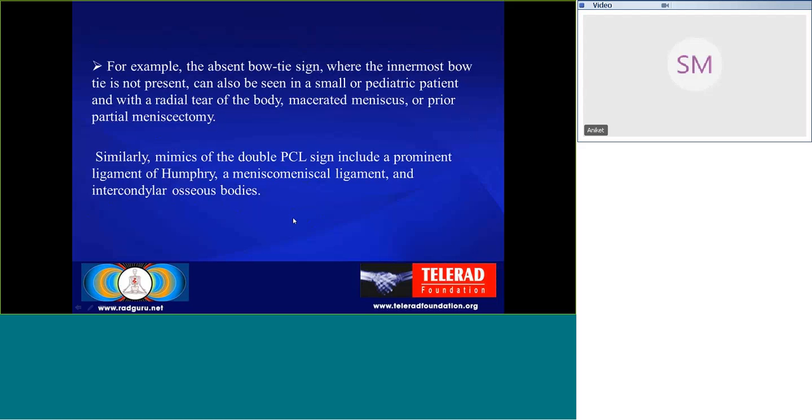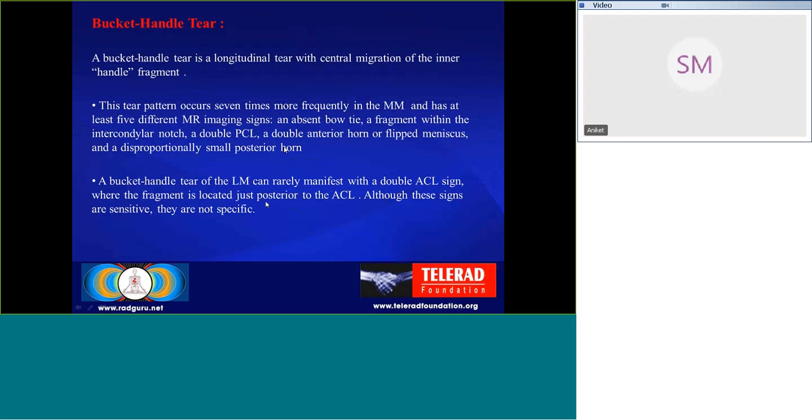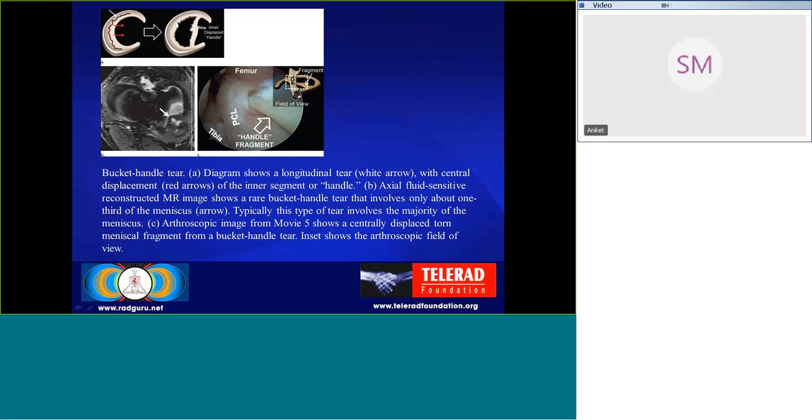Similarly, the mimics of double PCL sign include prominent ligament of Humphrey, or menisco-meniscal ligament, or intercondylar osseous bodies. So these signs, that is the absent bow tie sign, fragment within the intercondylar notch, double PCL sign, are sensitive but are not specific.